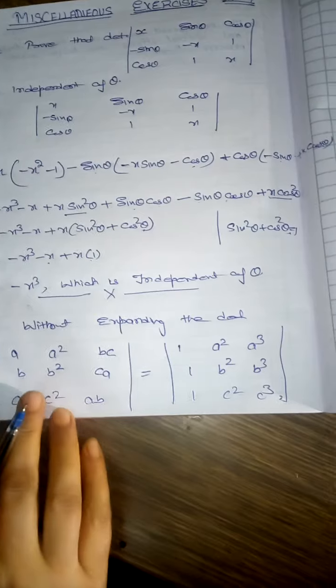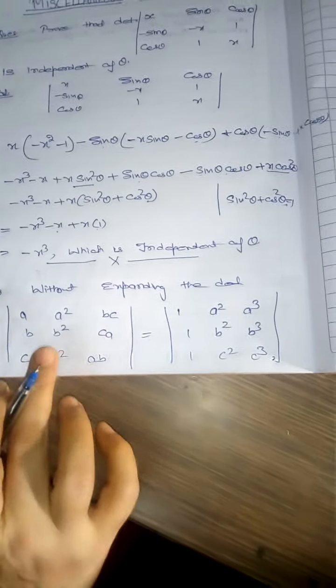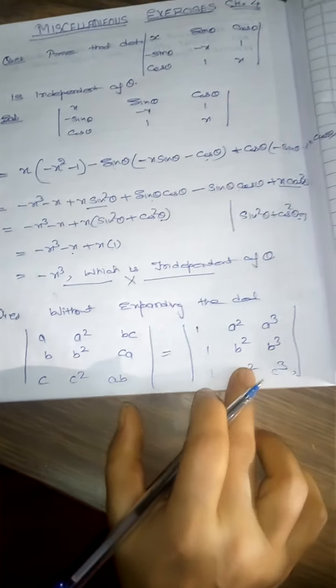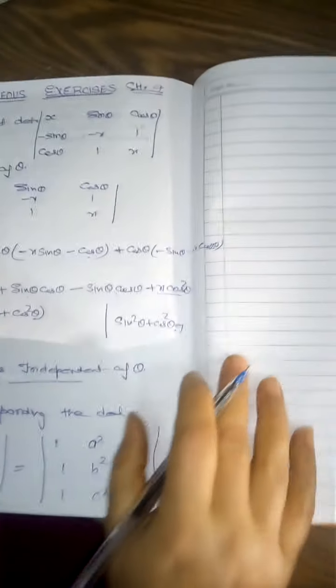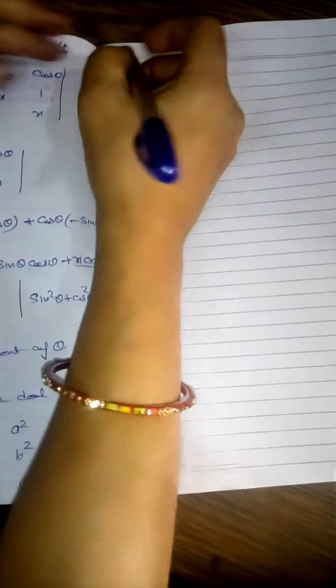You have to prove that the left hand side equals the right hand side without expanding the determinant. First of all we will use the properties.